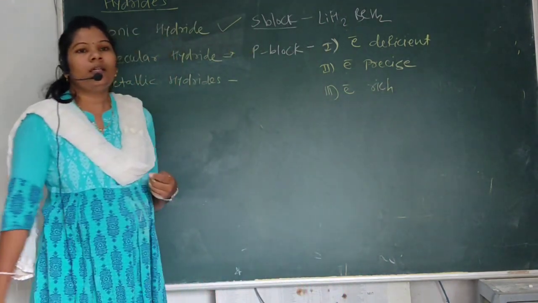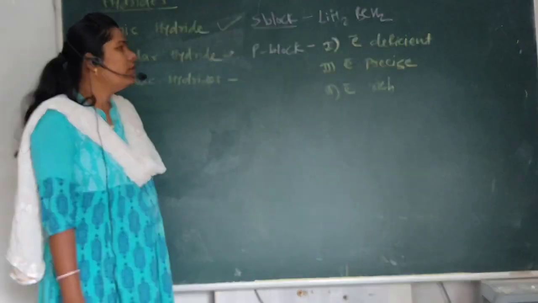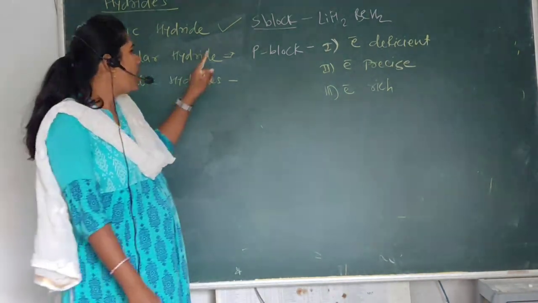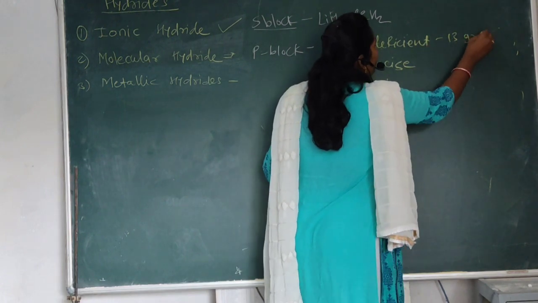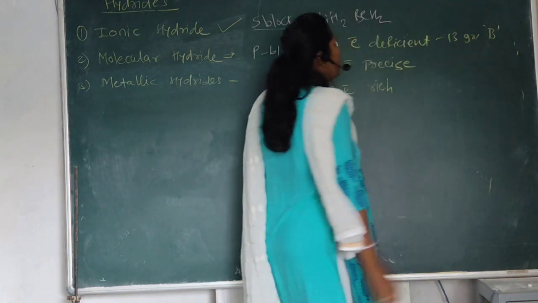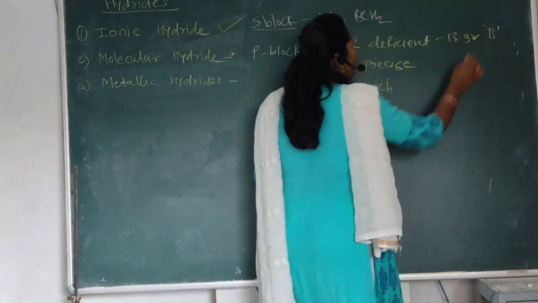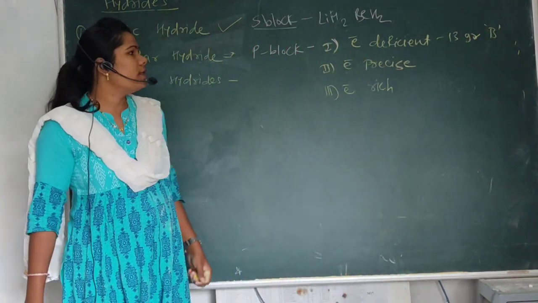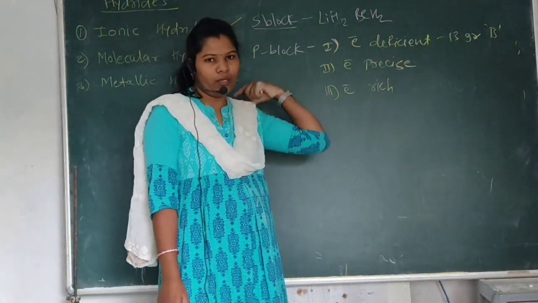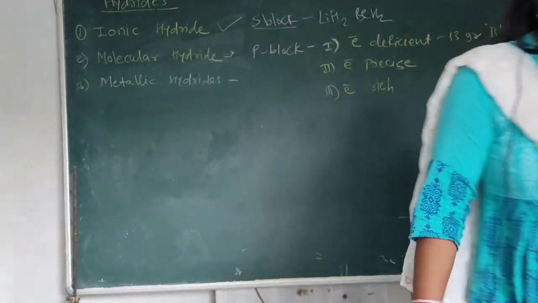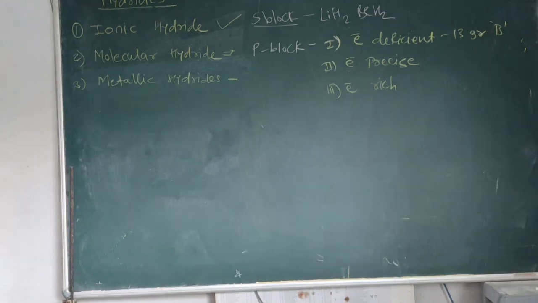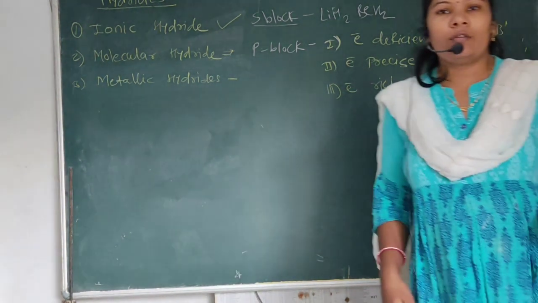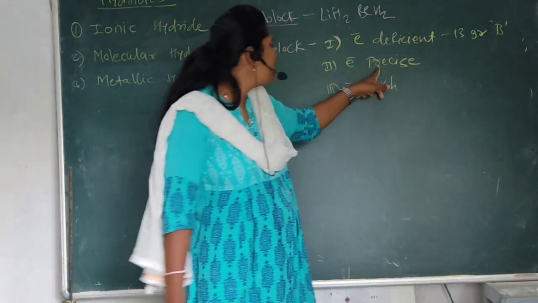What are the electron deficient hydrides? Whenever hydrogen is reacted with the group 13 element or the boron family, the hydride which is formed is known as electron deficient hydride. Next, electron precise hydride.